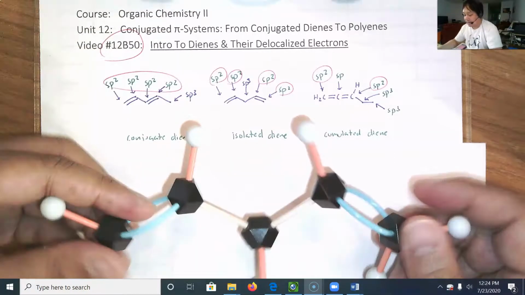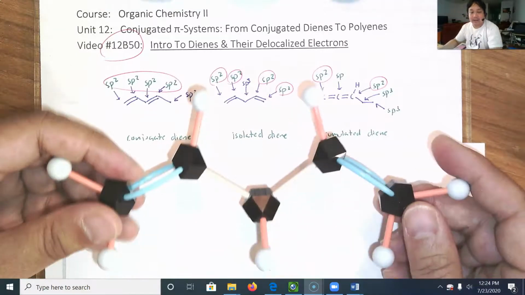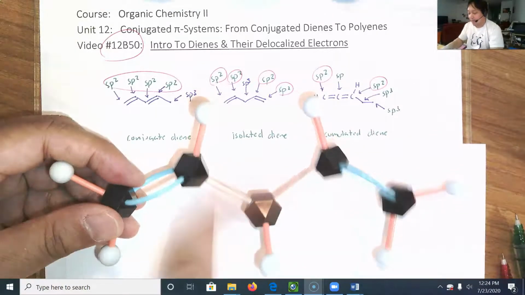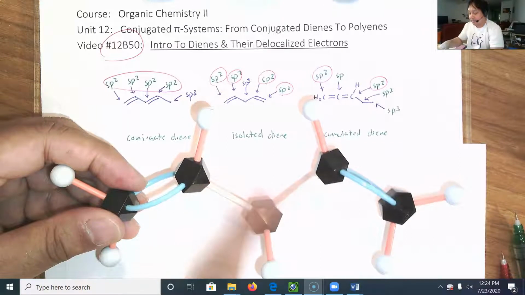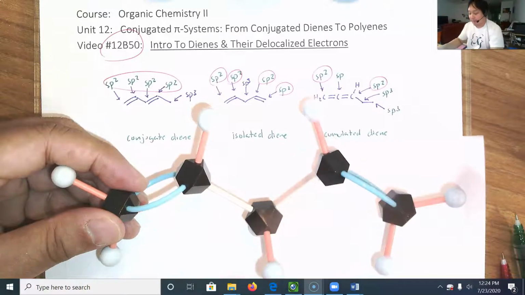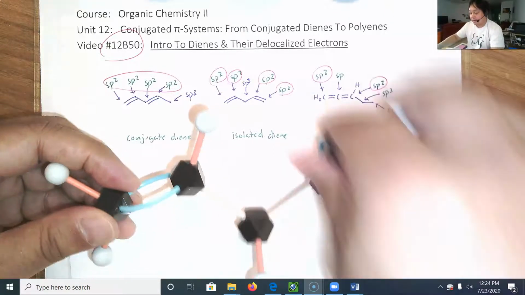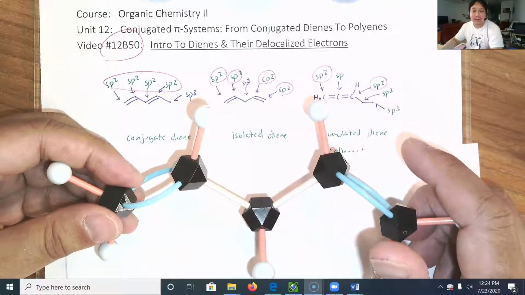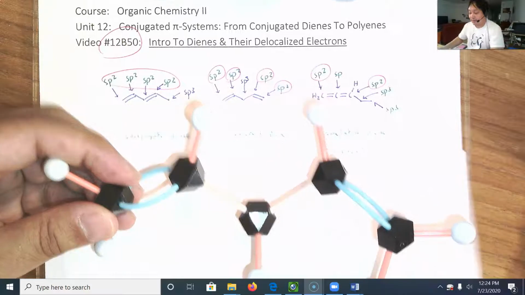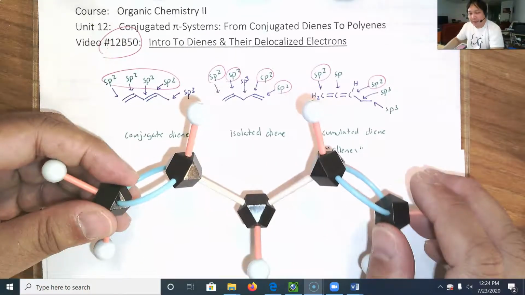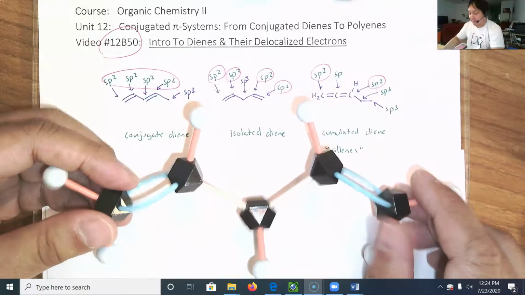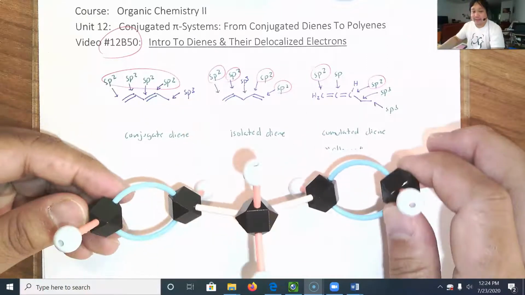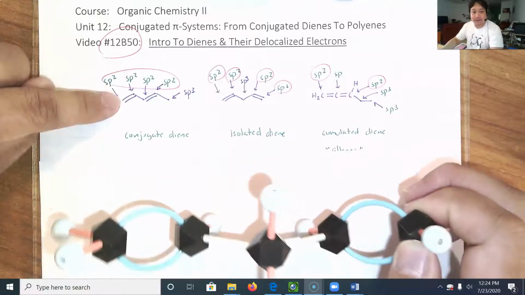The isolated is here, and it doesn't matter if these p orbitals are aligned because they're too far apart. There's the p orbital on this carbon and this carbon. So yeah, you can twist this as much as you want, and it's not that big of a deal in terms of the conformation stability. Okay, there's no really added benefit to have the molecule totally flat like this. But there is a benefit to have it flat for the conjugated diene.